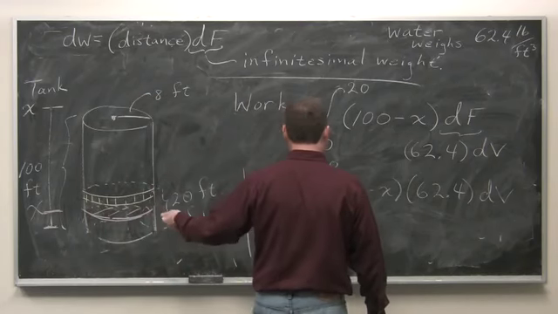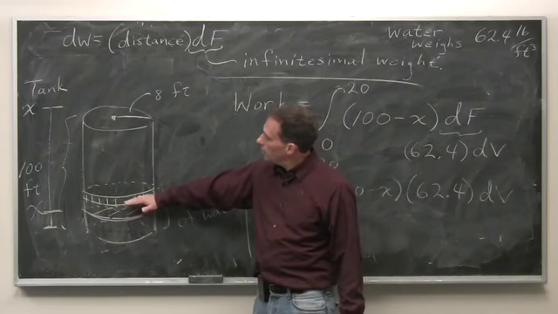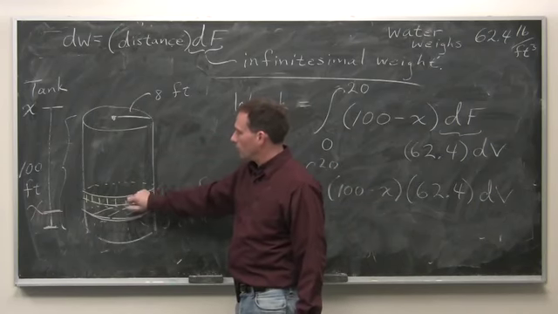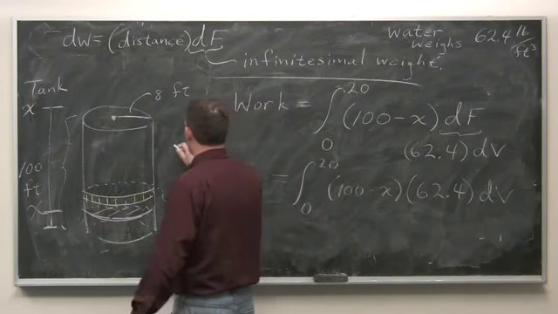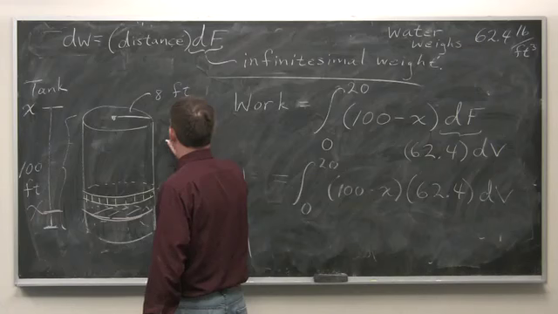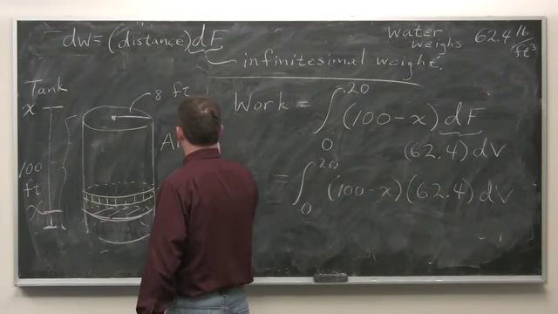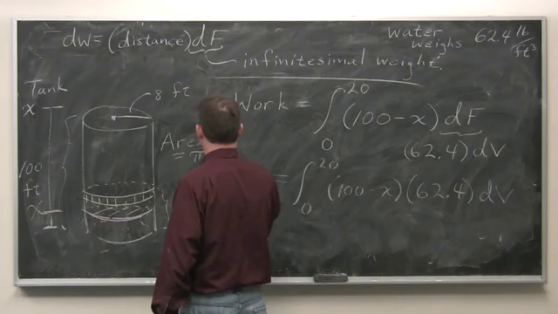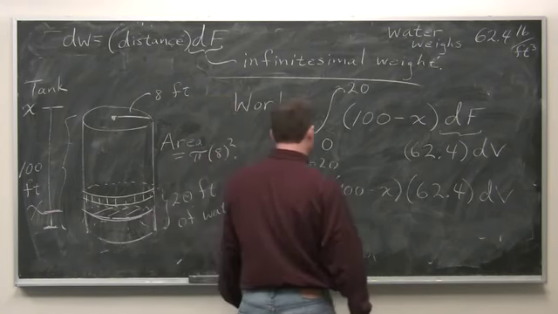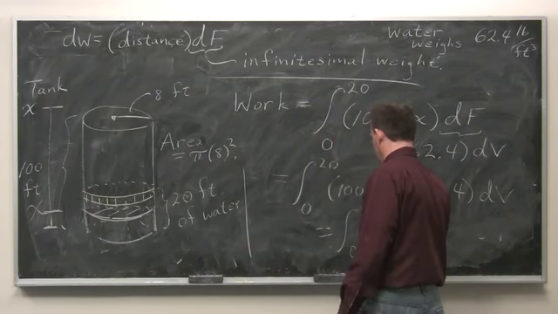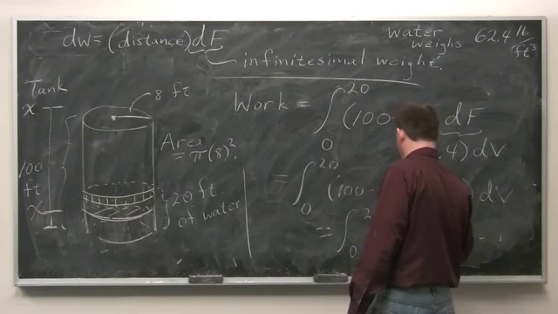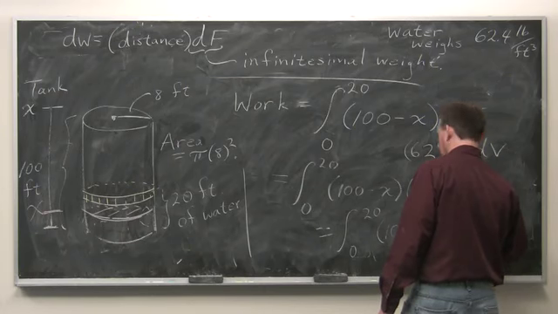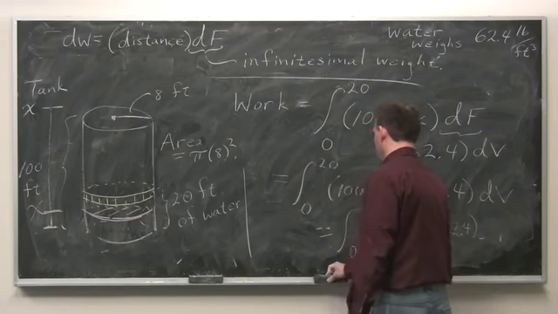Now that depends on the shape of the tank. It's a right circular cylinder, so it's the cross-sectional area times a little change in x. The cross-sectional area is pi times the radius squared. And so dV, you get the 62.4, and dV is, actually let me give myself some more room.